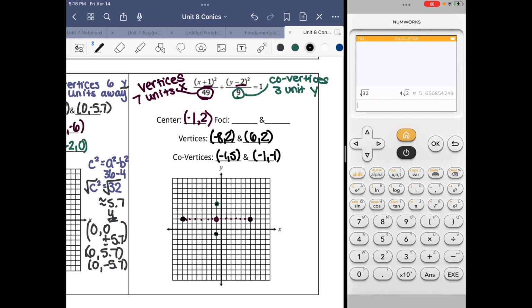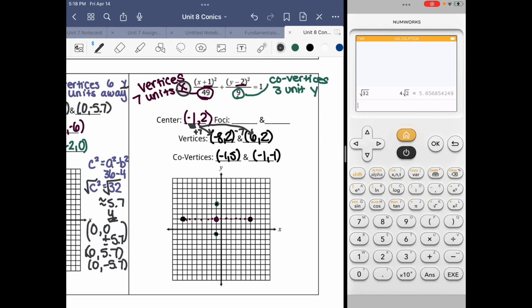Before I move on to the foci this time, I'm going to pause and say one thing. If you focus on the x part of the center and you add 7 and subtract 7, you'll get the x values of the vertices. The y value stays the same because you're only changing the x since the vertices are along the x-axis.